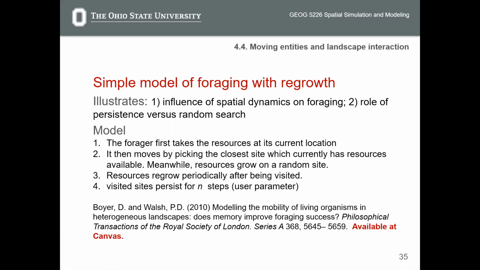But within this vision, there are many sites with resources. Which one to choose? The closest one. The forager goes to the closest cell with resources. Another cell will be assigned some resources randomly within this world.